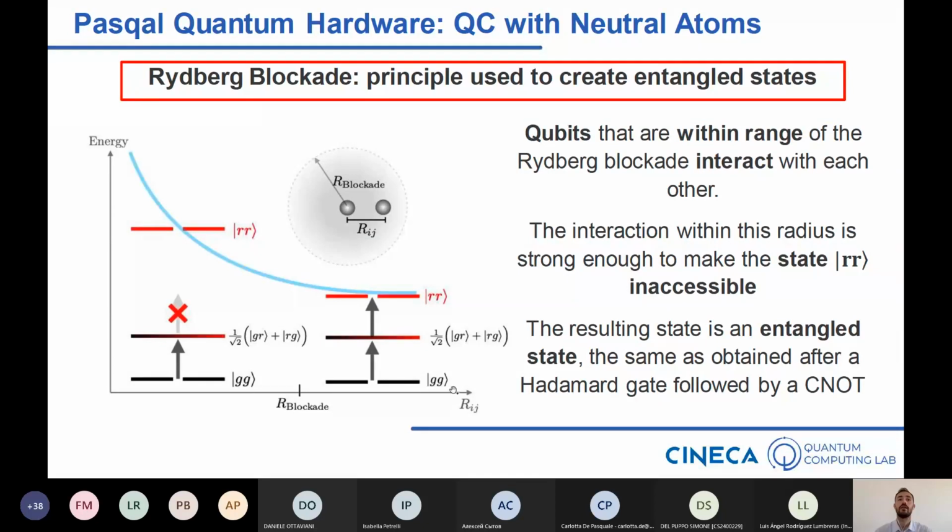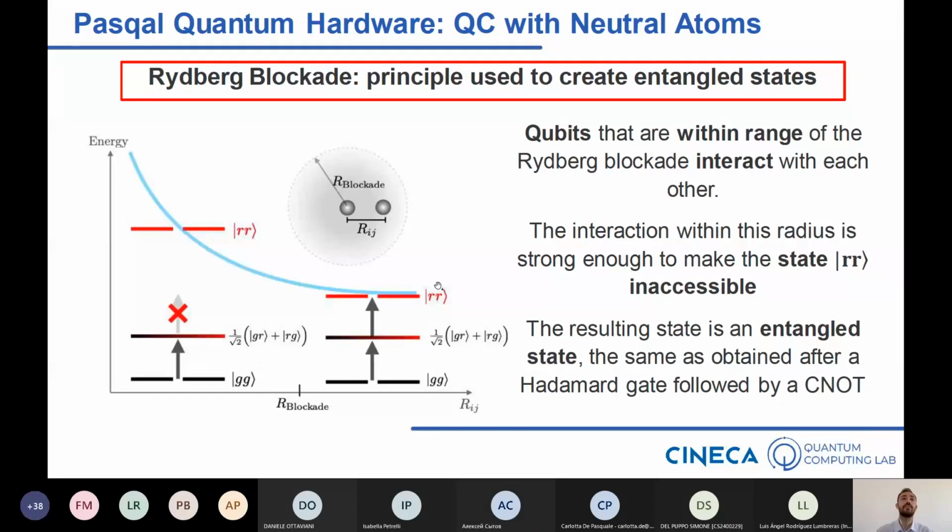If you shine some light, if you excite them with the global pulse, the transition that you have is from the ground to the 1-1 state, so still a classical state.